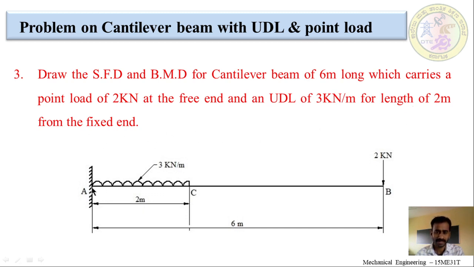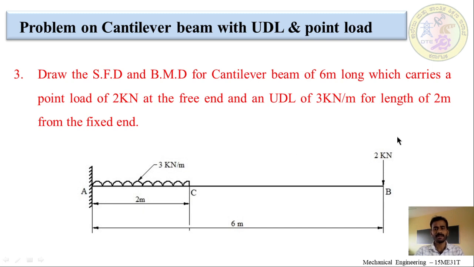So, from the fixed end for a length of 2 meter you have to place a uniformly distributed load using a suitable representation, with the load value 3 kilonewton per meter.